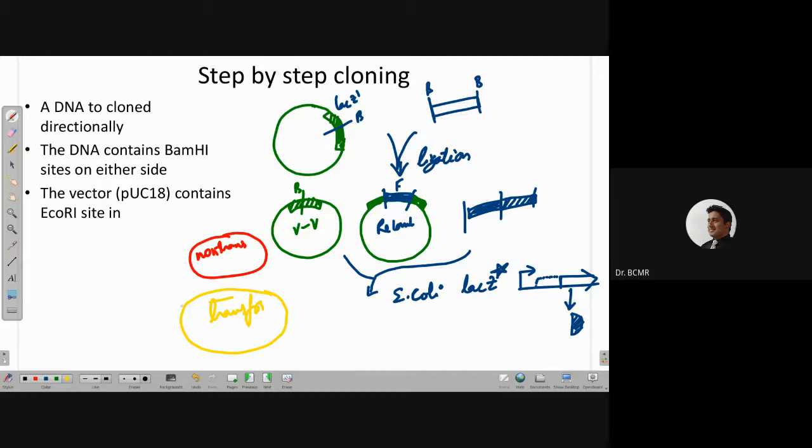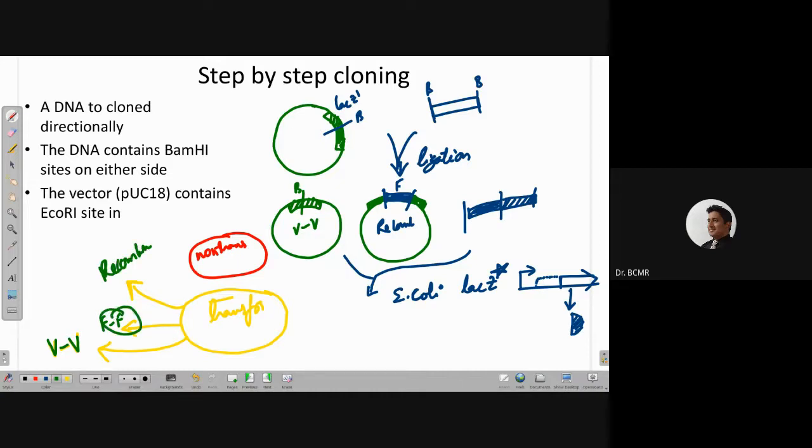In the transformants, how many types do we have? Transformants are those that got some DNA. We may get those that are vector religation. We may get fragment religation. We may also get the recombinants.